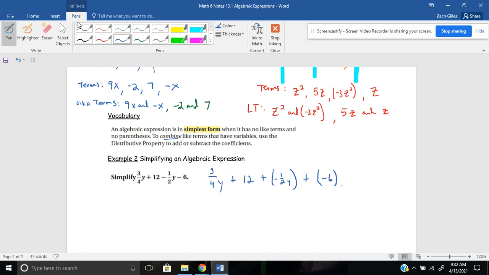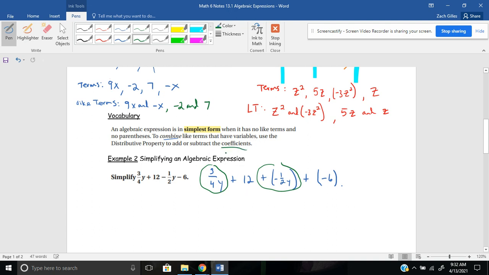Okay, so let's look and see what is like. Well, I have 3/4 y and I have negative 1/2 y. So can I take and add those two things? Well, they both have the same variable y, and all I would need to do is to add their coefficients.